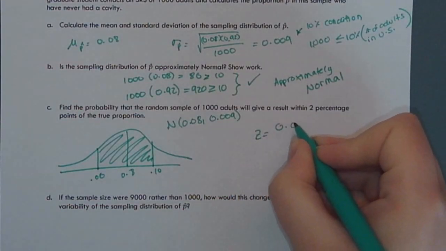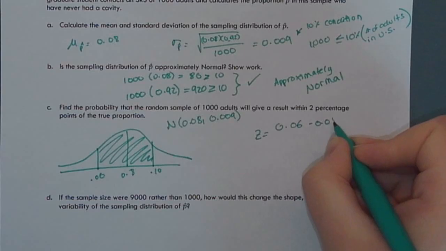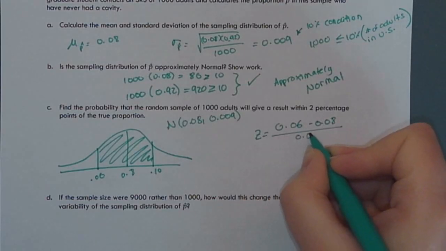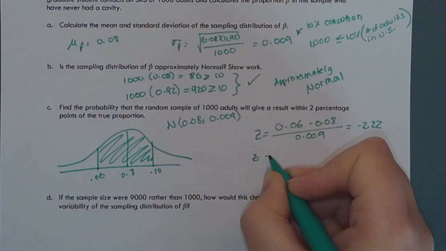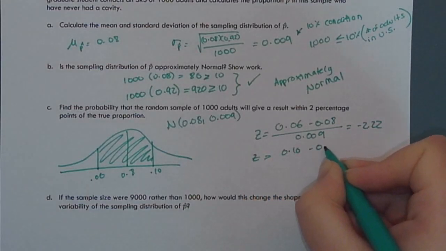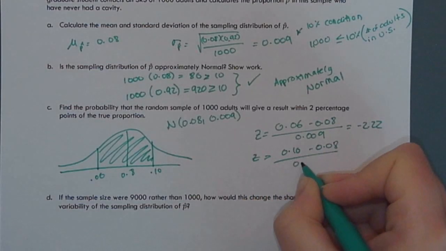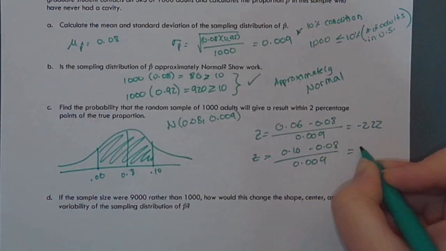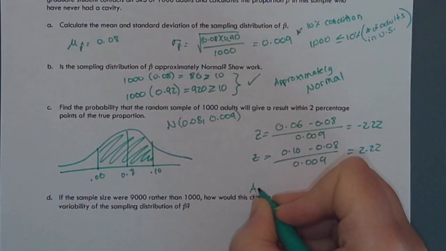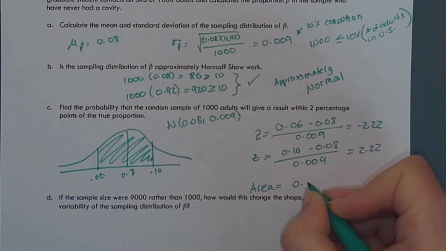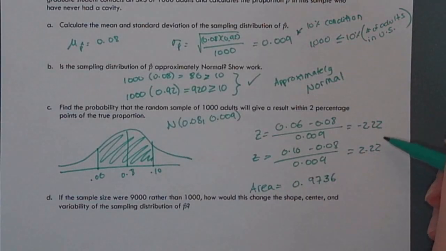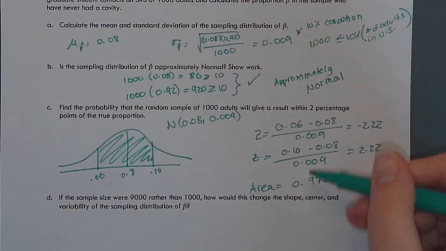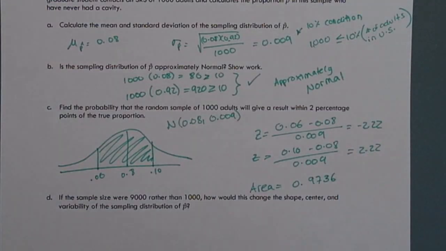So we find our z-score for both the upper bound and the lower bound. And then to find the area, we can use our inverse normal on the calculator, put in the upper and the lower bound as these two. We get our area as this.